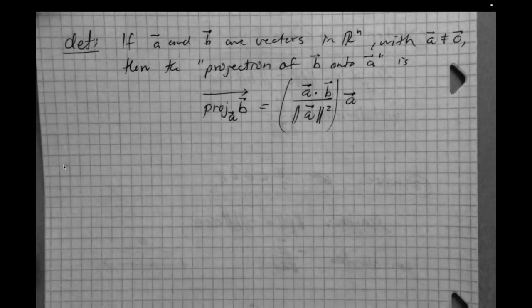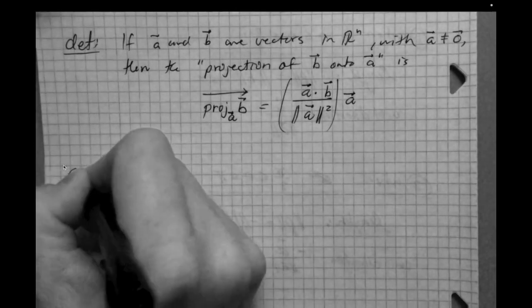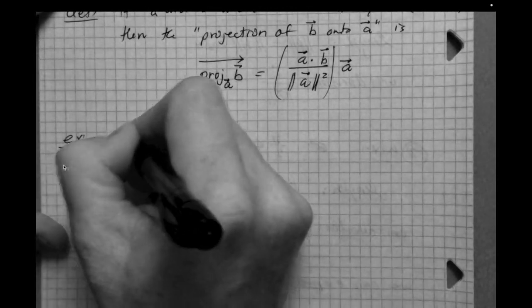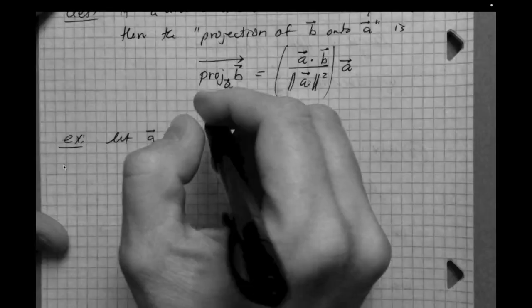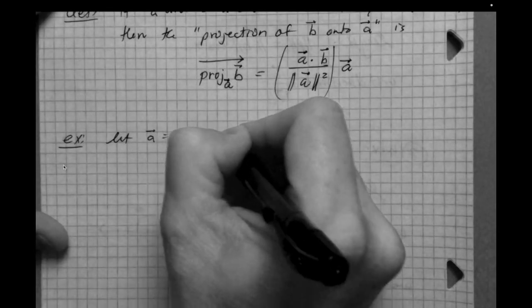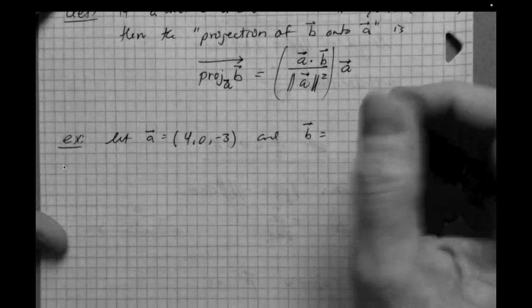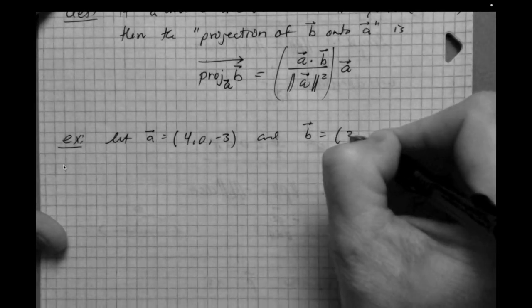Let's do an example where we calculate this with real vectors. Let A equal 4, 0, negative 3, and B equal 3, 1, negative 7.